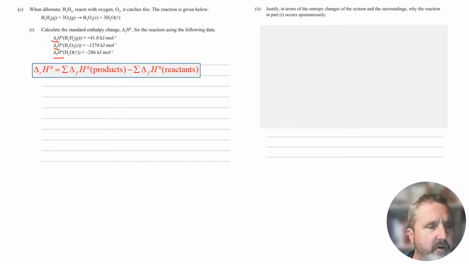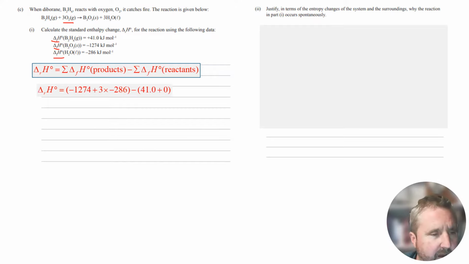We're going to write the total of the products minus the total of the reactants, and we're going to get an answer for delta rH. Notice also that oxygen is in its element form, by itself as a gas, so this is going to be a 0 value for formation. And notice also that there are 3 water molecules.